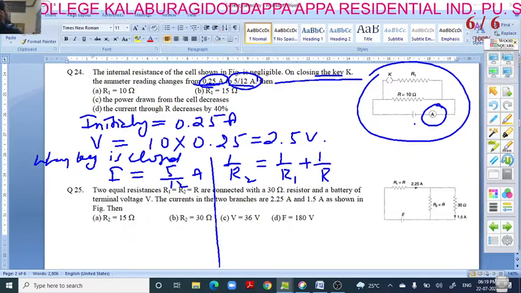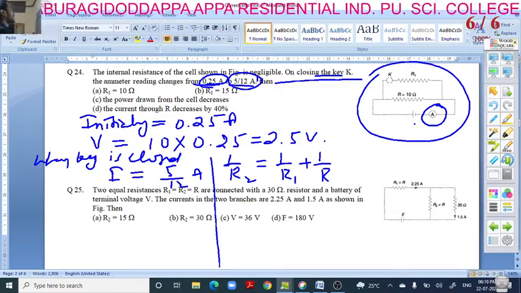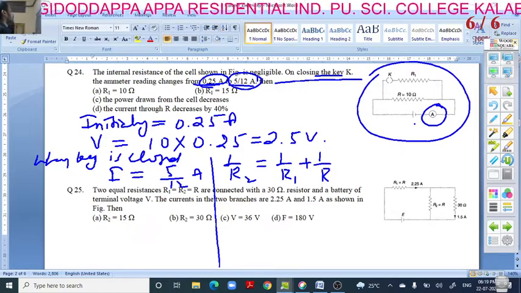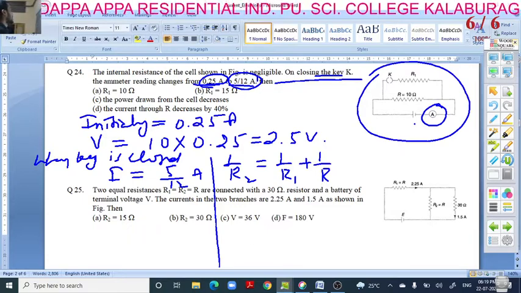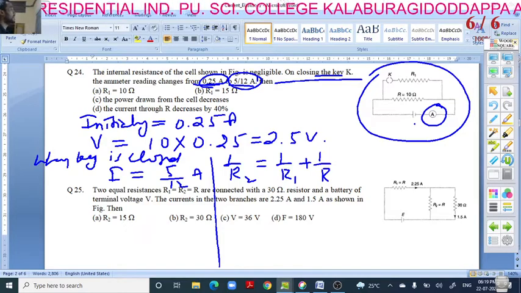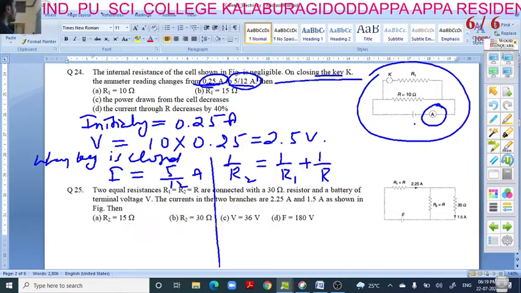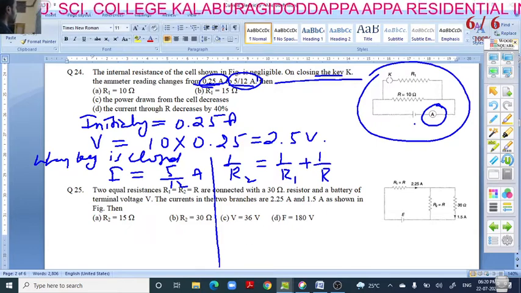Then the options: R1 is equal to 10 ohm, or 15 ohm; option C, the power drawn from the cell decreases; and option D, current through R decreases by 40%. So let us see what the effective resistance will be.